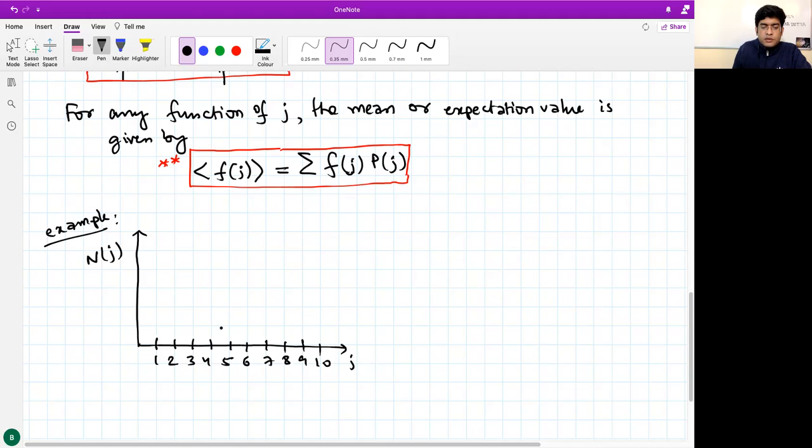Now we have this distribution, and further we have this, 1 2 3 4 5 6 7 8. The graph goes higher.